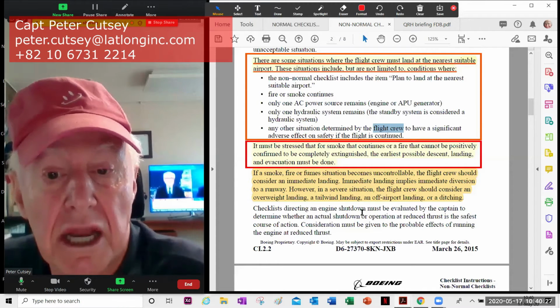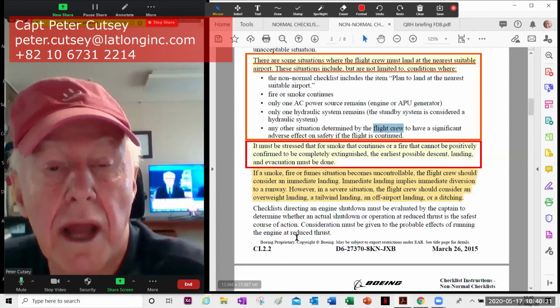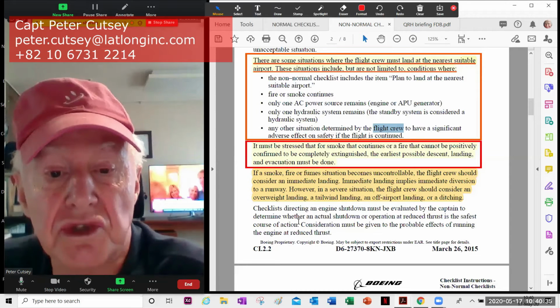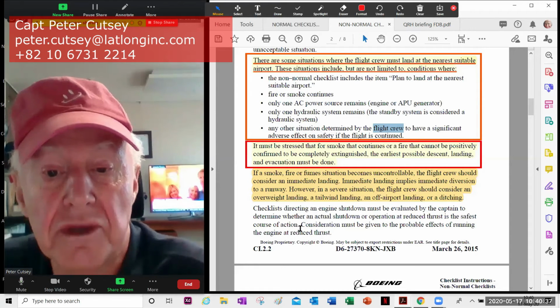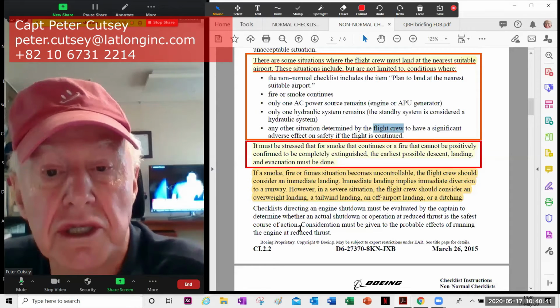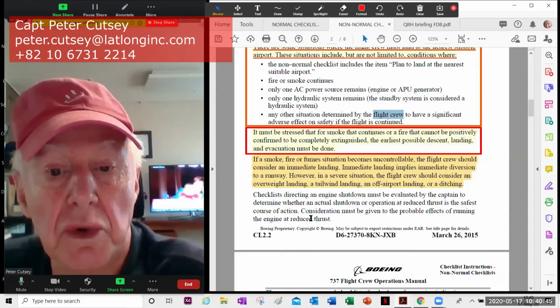A checklist directing an engine shutdown must be evaluated by the captain to determine whether an actual shutdown or operation at reduced thrust is the safest course of action. Consideration must be given to the probable effects of running the engine at reduced thrust. This is extremely important, especially on a two-engine airplane.